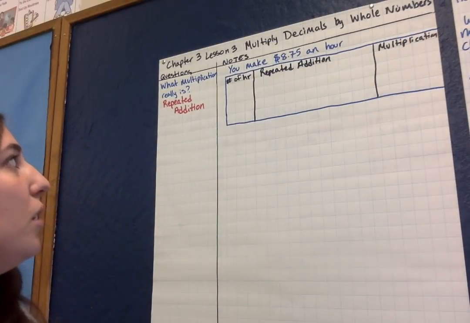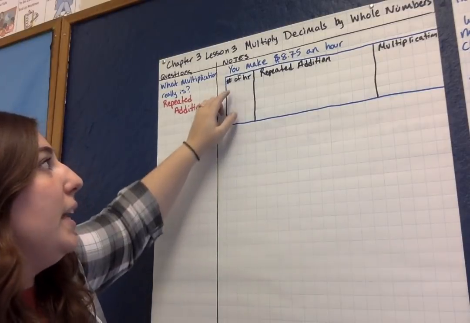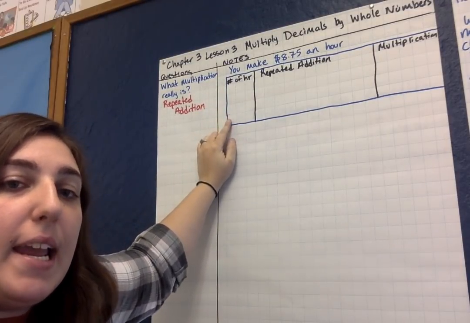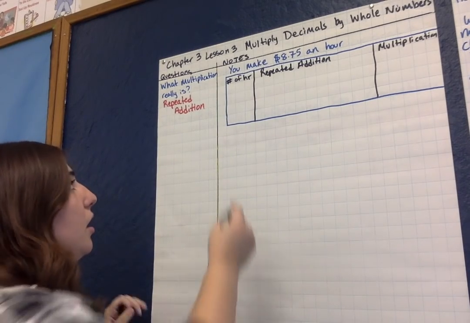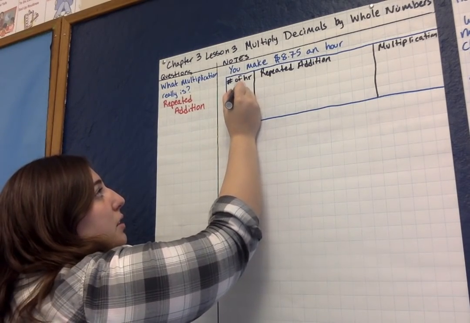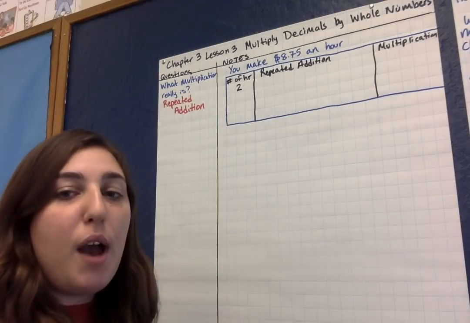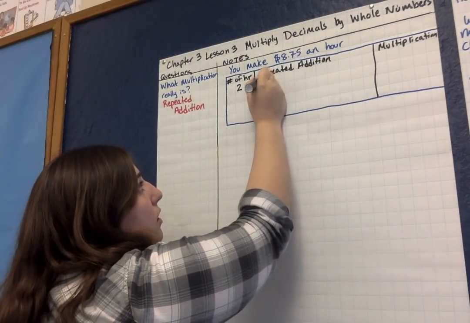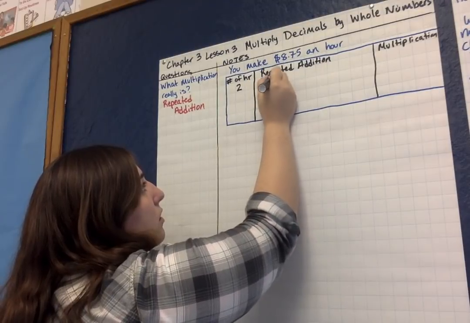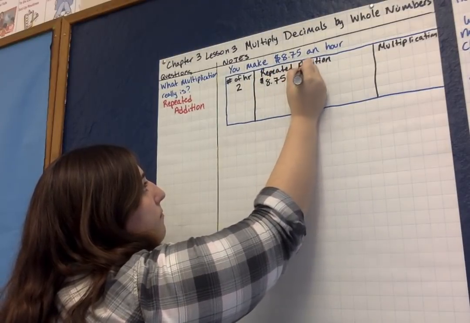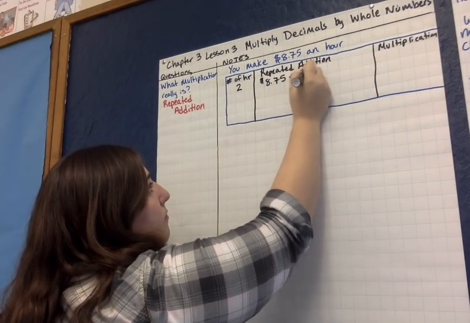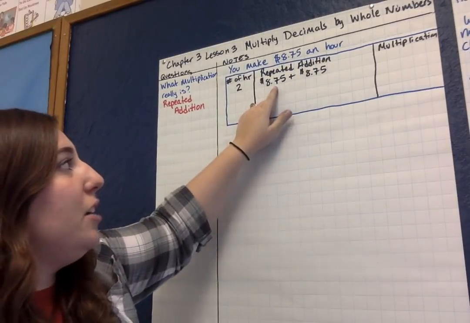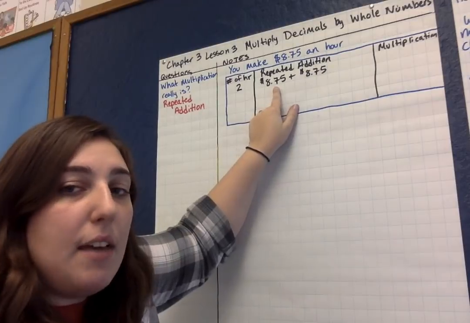All right, so in our job, again, we're making $8.75 an hour, so that means for each hour, we are getting paid $8.75 an hour. So number of hours, let's say we work for 2 hours, okay? We work for 2 hours, that means each hour we're getting $8.75.